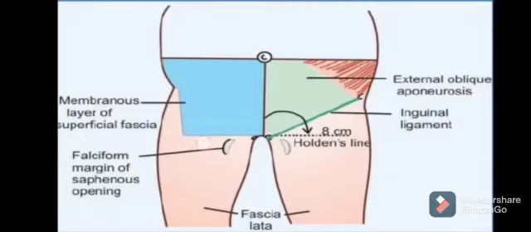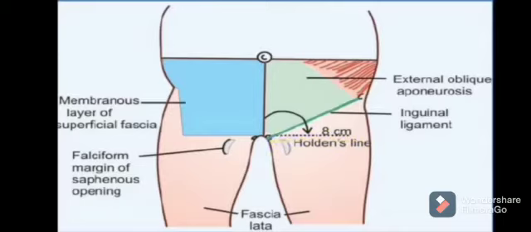In this slide you can see this line. Along this line, the superficial fascia of the abdomen fuses with the fascia of the thigh, and this line is called Holden's line.